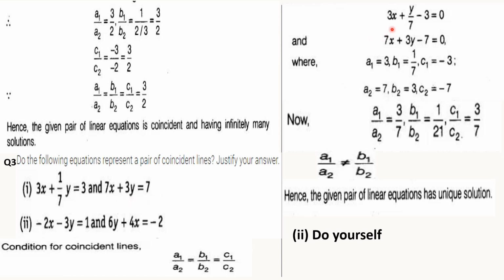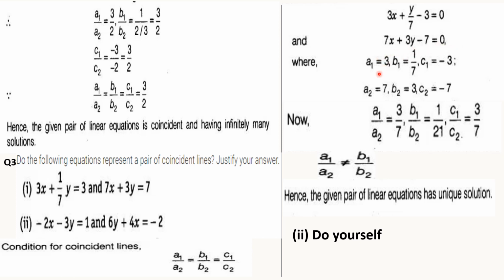We can write the first equation as 3x plus y upon 7 minus 3 equals 0, which is the standard form ax plus by plus c equals 0. Similarly, we write 7x plus 3y equals 7 as 7x plus 3y minus 7 equals 0.